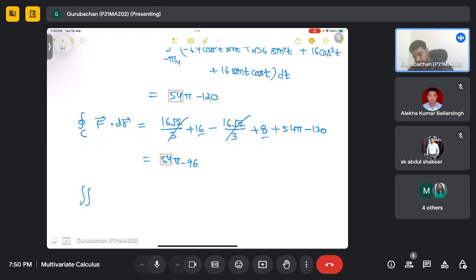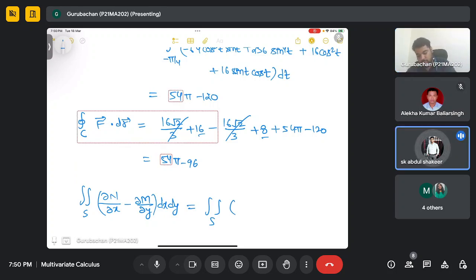Now we have to deal with the RHS, that is dN/dx minus dM/dy, dx dy. So what is dN/dx? You have calculated it also, I think. The dN/dx is 1 plus 3y square, sir. Good, 1 plus 3y square dx dy.